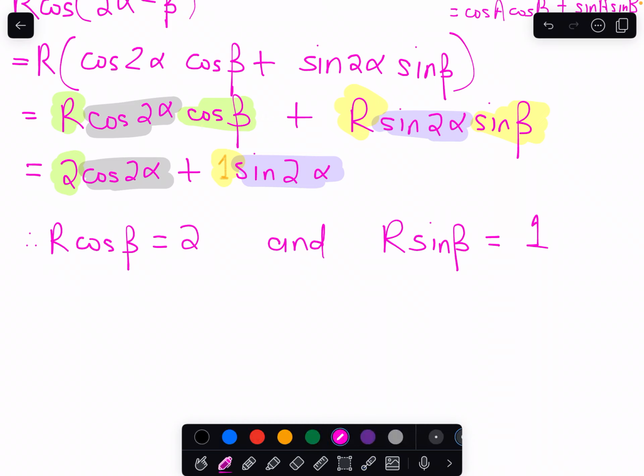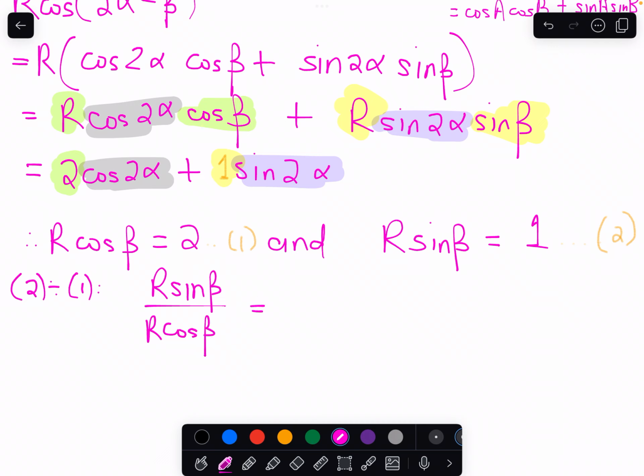Let me label my equations: equation number 1, equation number 2. Equation number 2 divided by equation number 1 gives r sine beta divided by r cos beta is equal to 1 over 2.